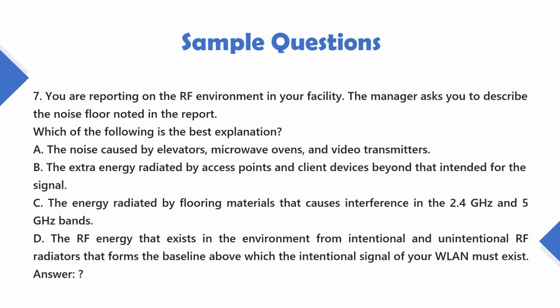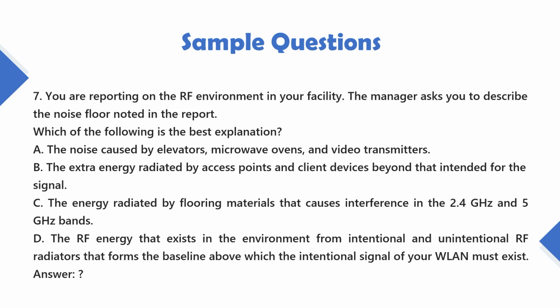7. You are reporting on the RF environment in your facility. The manager asks you to describe the noise floor noted in the report. Which of the following is the best explanation? A. The noise caused by elevators, microwave ovens, and video transmitters. B. The extra energy radiated by access points and client devices beyond that intended for the signal.